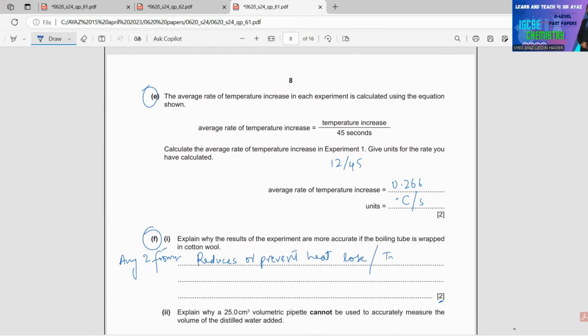It traps heat. Act as insulator. It's acting as insulator because it's reducing the loss. You can also write, if you want, prevents temperature decreasing. So any two from these.